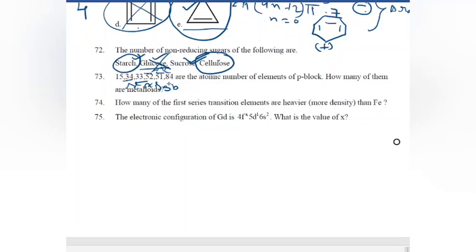So only 4 metalloids are there. So 4. One should have a basic idea about the atomic numbers of most of the elements, s block, p block, right?